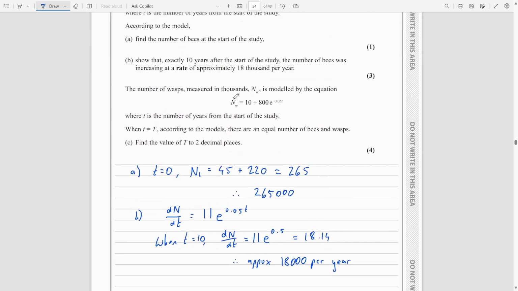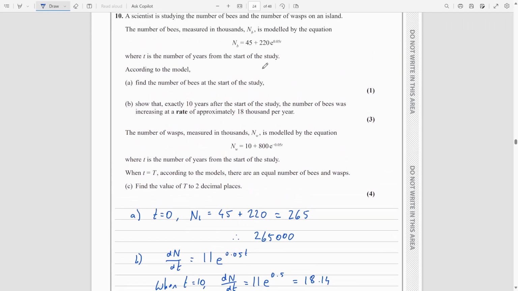Okay, the number of wasps measured in thousands, NW, is modelled by this equation. So another exponential equation, but exponential decrease, where t is the number of years from the start of the study. When t is capital T, according to the models, there are an equal number of bees and wasps, and we need to find this value. So that's going to involve just setting these two equations equal to each other.